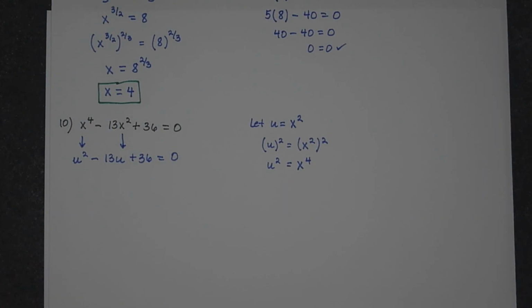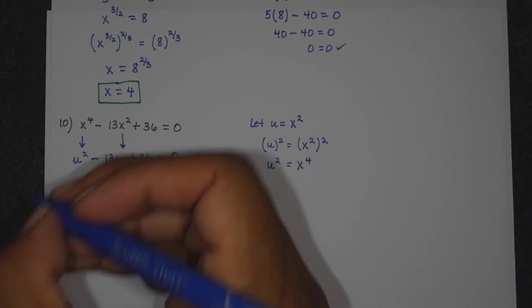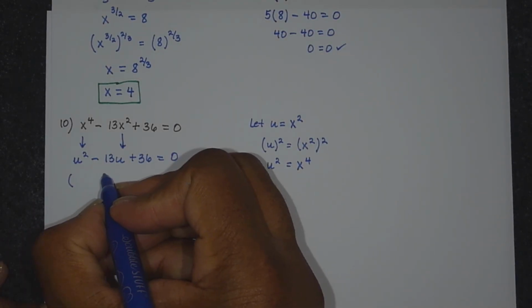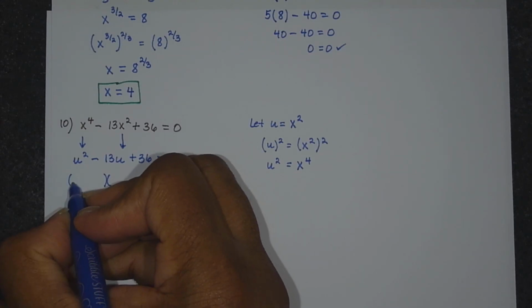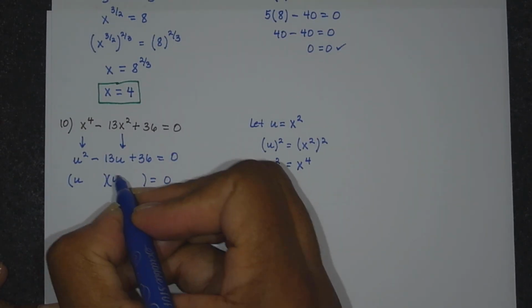So now I have a quadratic equation. I can find out what u will be equal to by doing some factoring here. I'm going to factor this into 2 binomials. U squared breaks up as u and u.